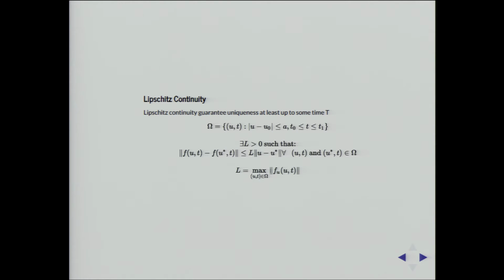So let's say this is our domain, and the Lipschitz condition is that there exists this constant L greater than 0, such that this condition holds. What it means is that our right-hand side function is not too wild: every small change that I make on u here is not going to result in something very wild and very big.